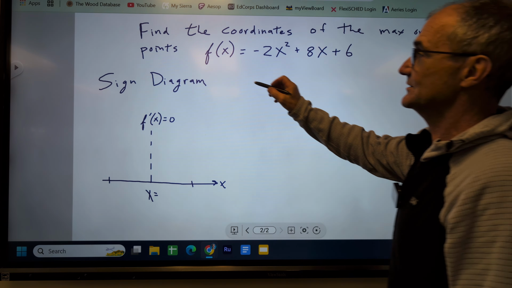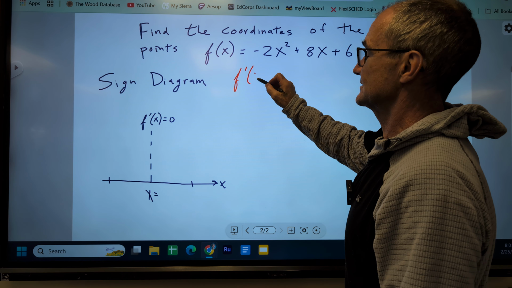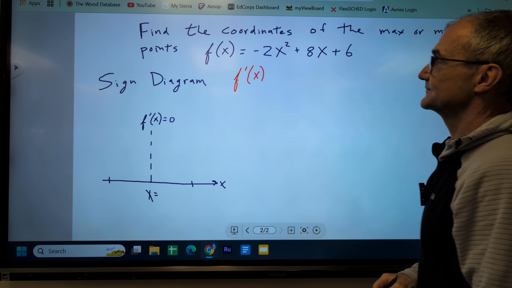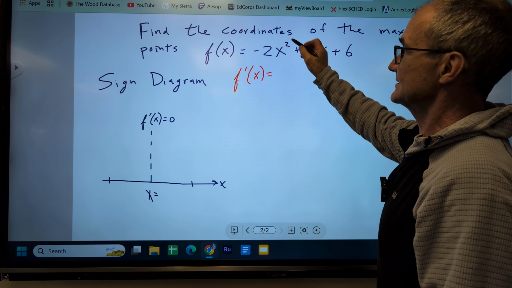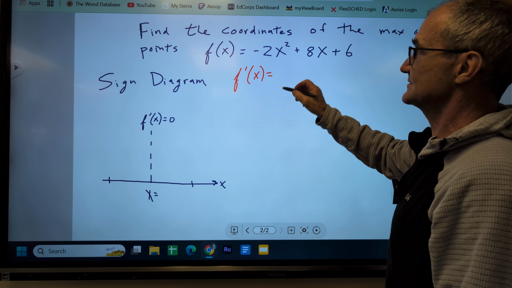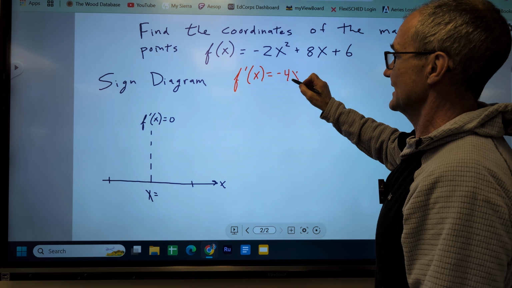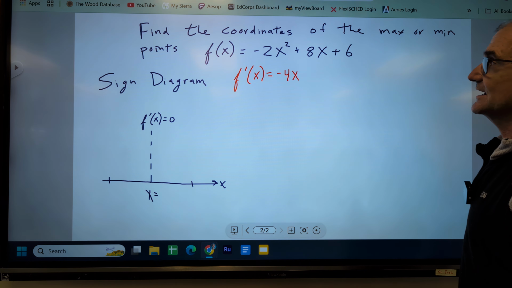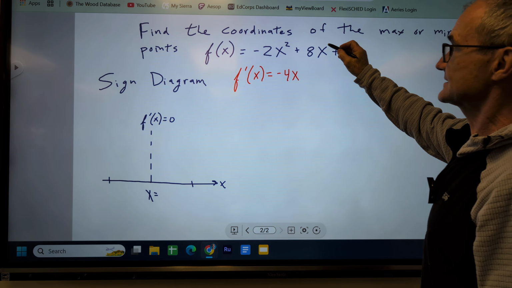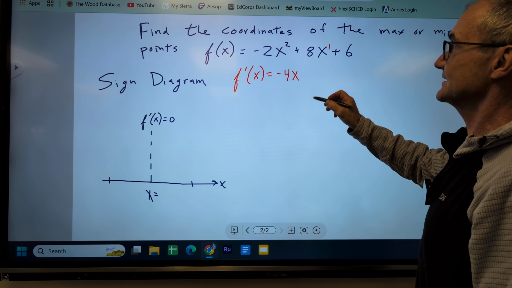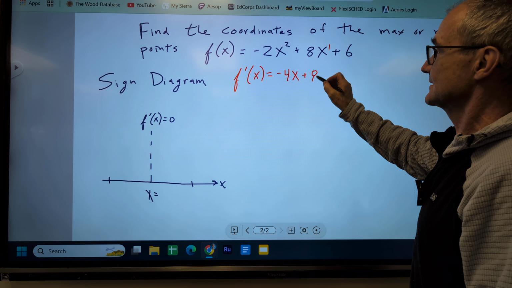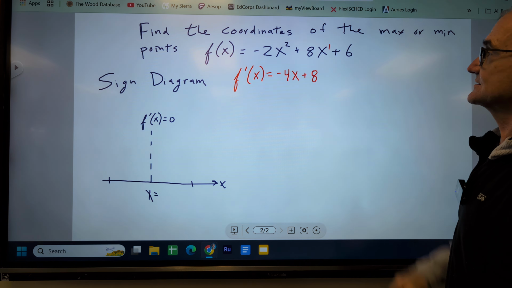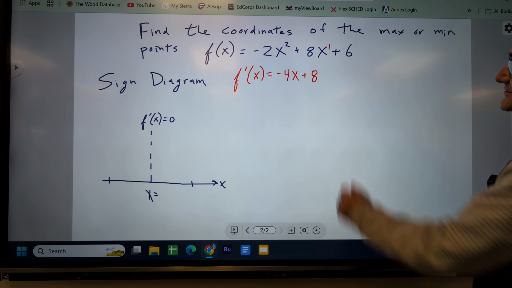Okay, so let me first find the derivative of this function. f prime is going to be equal to, that 2 comes down in front, 2 times negative 2 is negative 4x, subtract 1, x to the first. 8x to the first, 1 comes down in front, 8, subtract 1, x to the 0 is equal to 1. And that constant drops off.